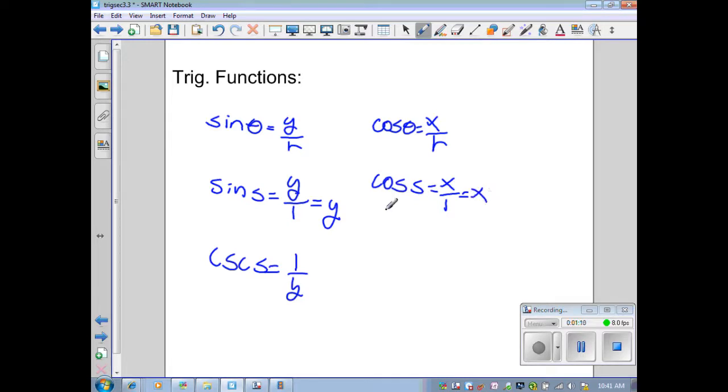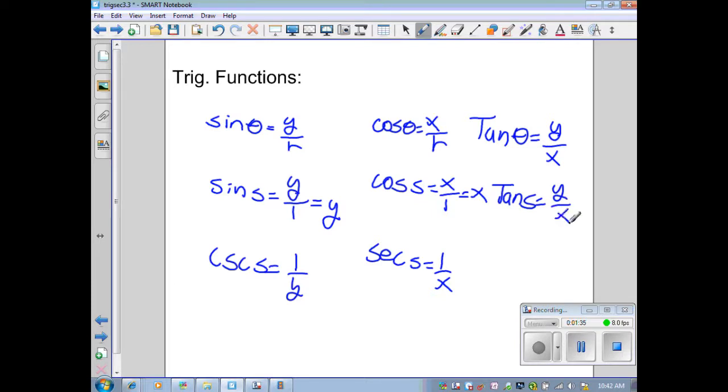The reciprocal function is secant s is equal to 1 over x, and x is not allowed to equal 0, and the remaining function would be tangent of theta is equal to y over x. Therefore, tangent of s, theta and s being equivalent, is going to be y over x. And the reciprocal function is cotangent of s equal to x over y.